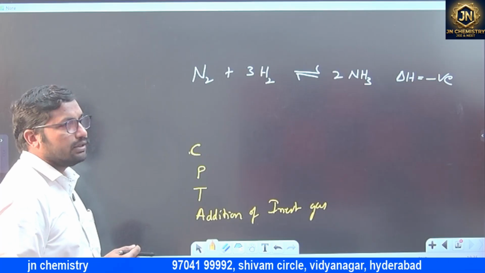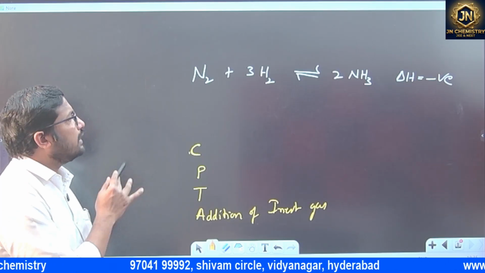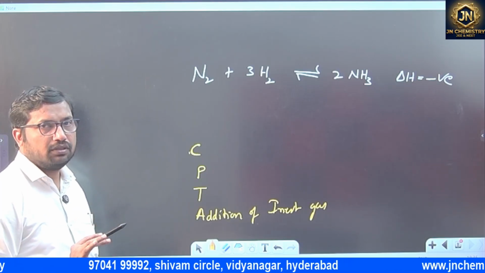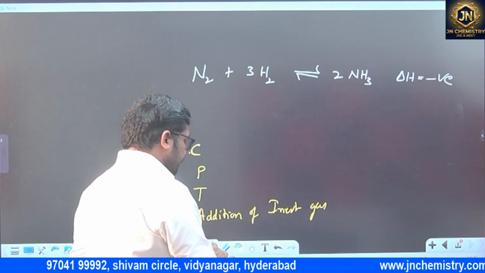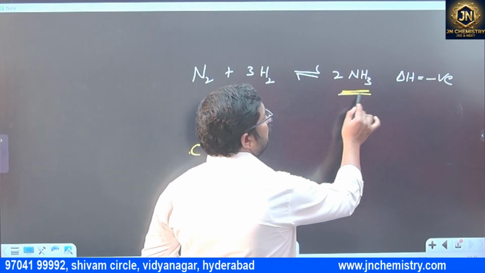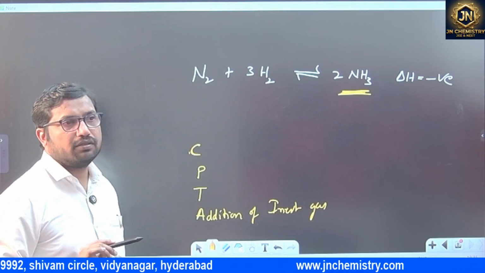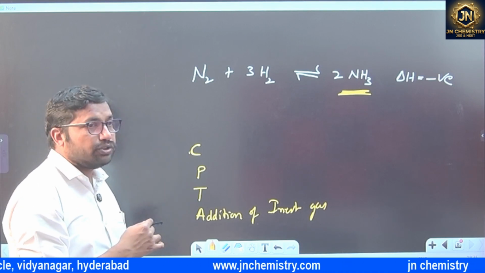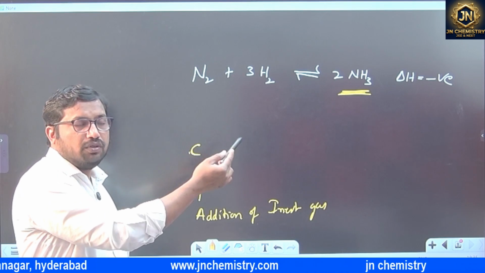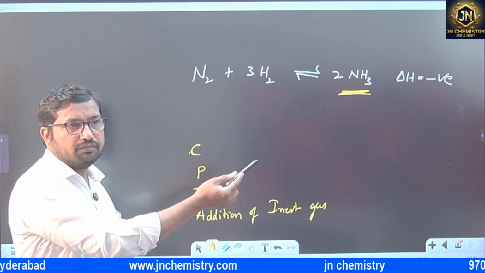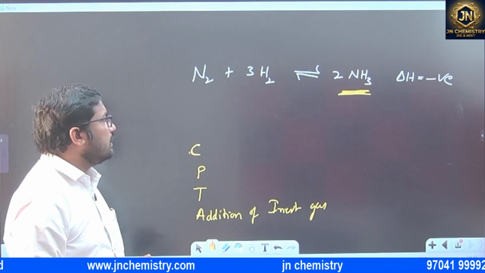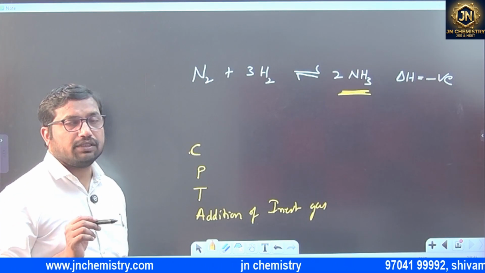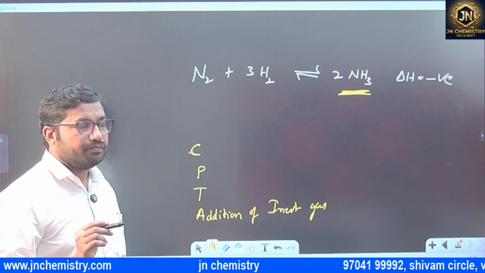First, concentration. For example, in the preparation of ammonia, Haber's process. If we want to prepare ammonia, the reaction should move in the forward direction. What is the role of concentration?